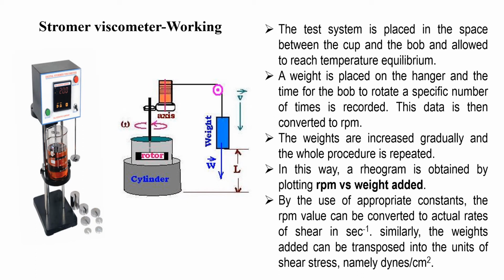We'll see how this holder actually plays a role in determining the viscosity. Now take a beaker with a sample and place it on the instrument. So the bob will be inside the beaker.